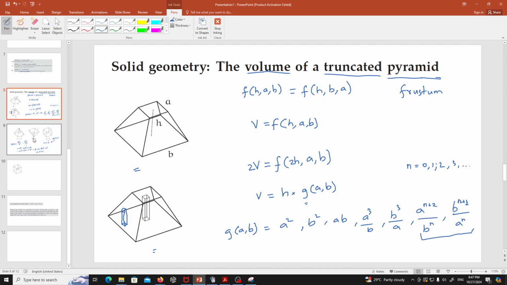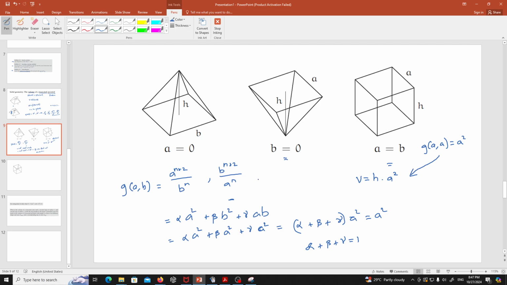If those two things are going to be same, then if I flip A in the place of B and B in the place of A, let me write it over here. So alpha A square plus beta B square plus gamma AB should be equal to, in the place of A I'm going to put B, alpha B square plus beta A square plus gamma AB.